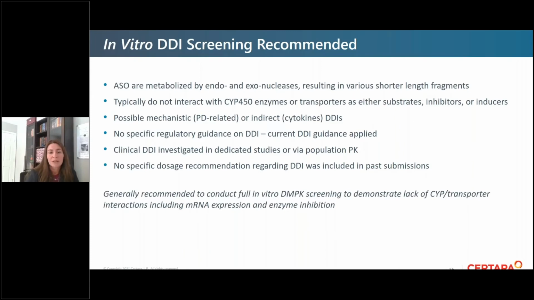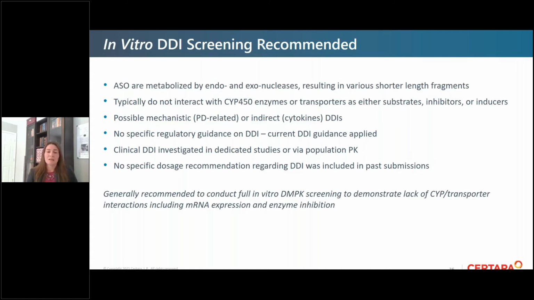In terms of drug-drug interactions, there is a low risk of drug-drug interactions with this class. Usually, oligonucleotides are metabolized by endo or exonucleases. There's no involvement of CYP450 enzymes in the metabolism of these drugs.